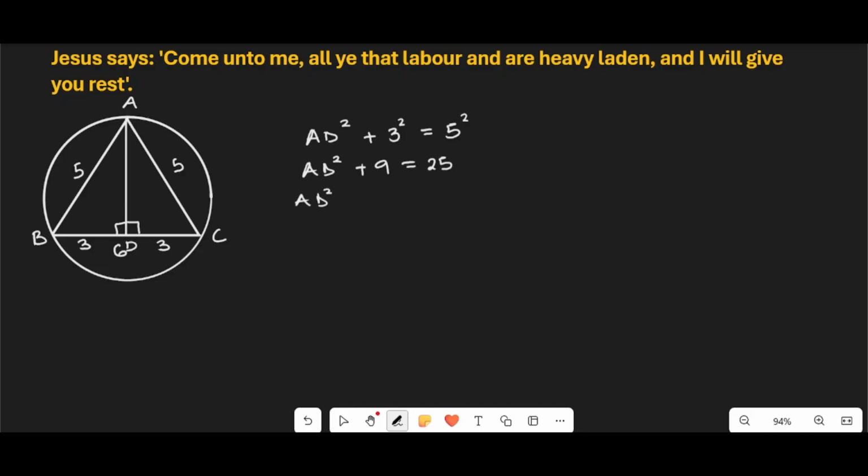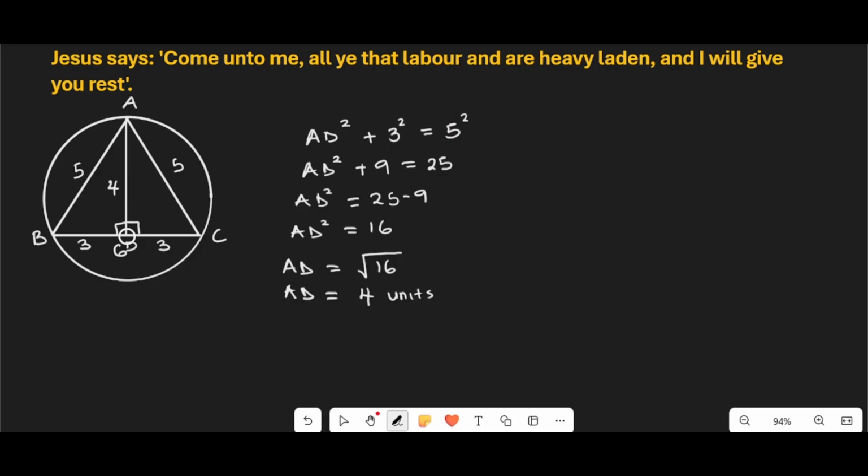AD squared equals, if we subtract 9 from both sides, 25 minus 9. AD squared equals 16. If we square root both sides, AD equals square root of 16, and AD equals 4 units. So this line AD is 4 units.